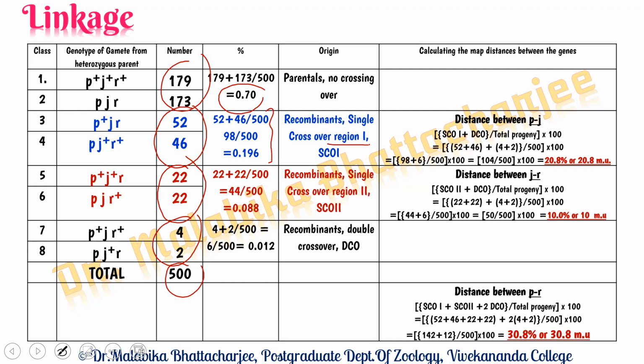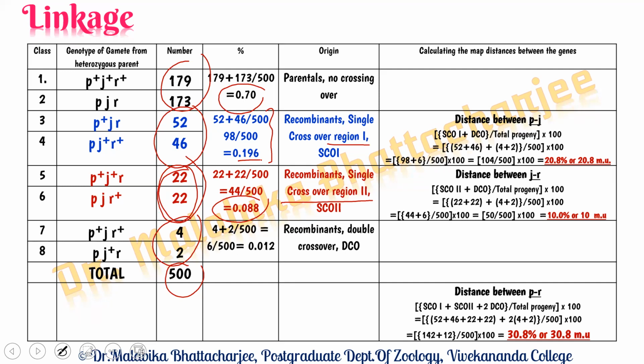The amount of single crossovers in region 2 is, add up the total divided by 500, that is 0.088. And finally, the amount of double crossovers is 0.012, where 6 double crossovers are present in 500. So we get the frequency of each category.